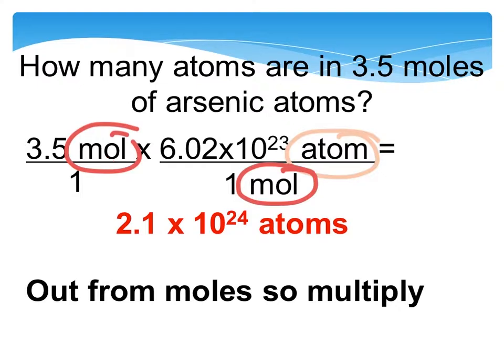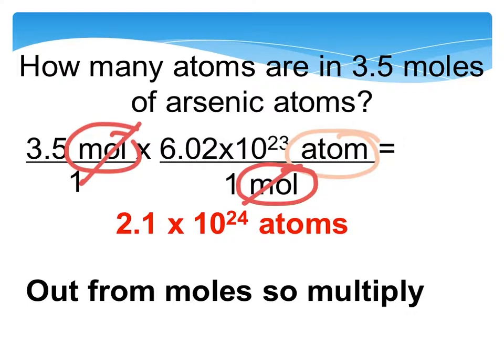Remember, the unit conversion from moles to atoms is Avogadro's number, 6.02 times 10 to the 23rd. We match this large number with the word atoms, molecules, or particles, and then we put 1 mole. So when we do the cancellation, the only unit we're left with is atoms.